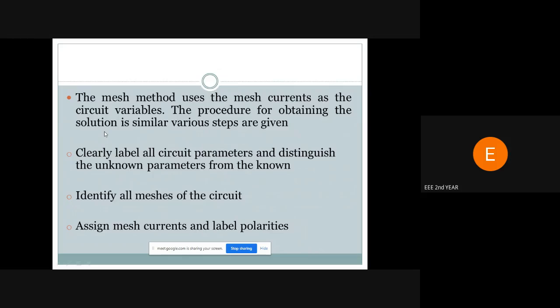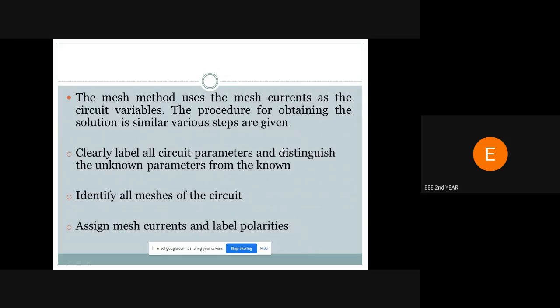For finding the current value, we have to follow some steps. The first step is to clearly label all the circuit parameters and distinguish the unknown parameters from the known ones.